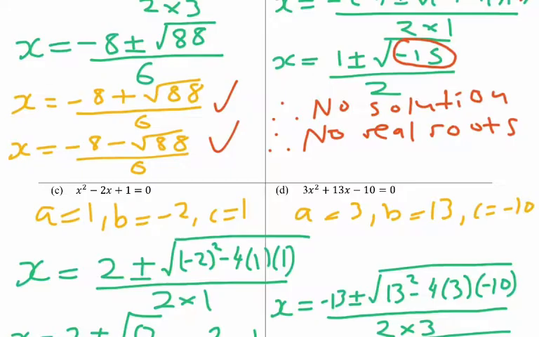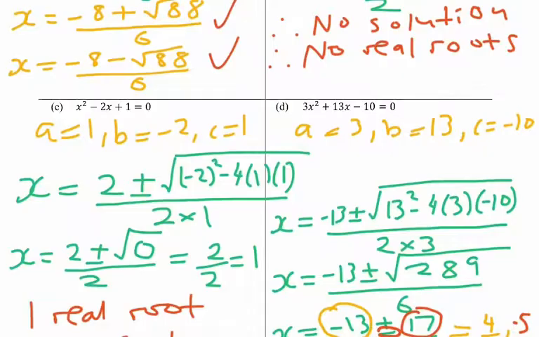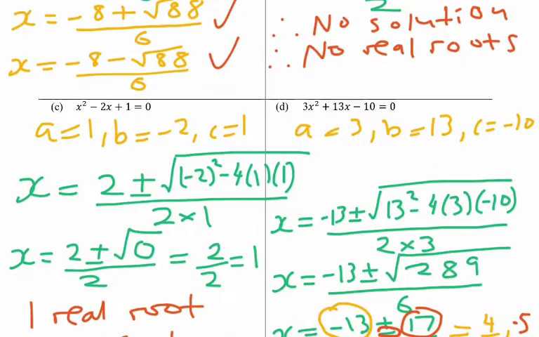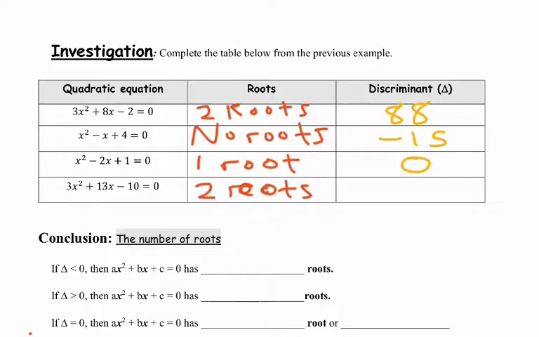Next one, discriminant was 0. And then the last one, we had discriminant 289. So the number inside the square root is called the discriminant, as we know. So all of these are equal to delta.